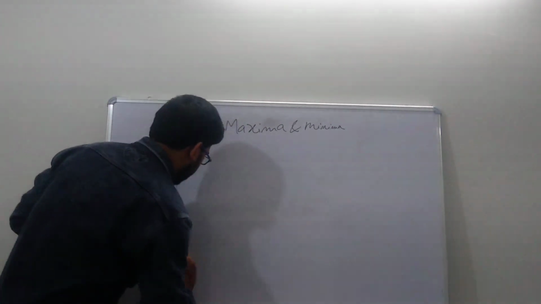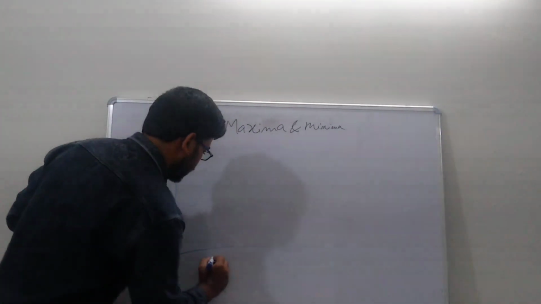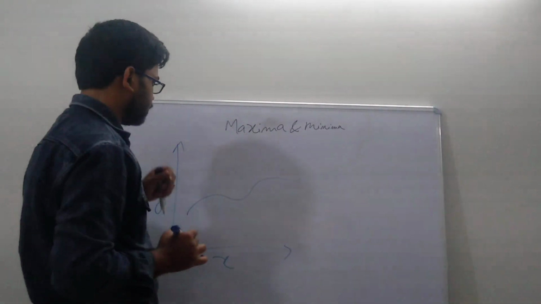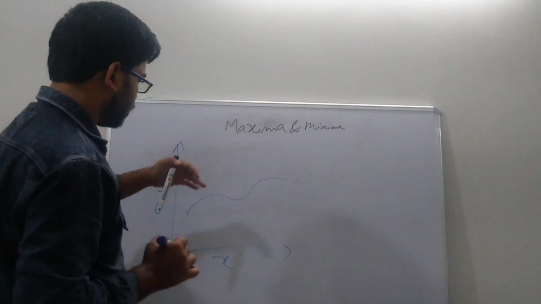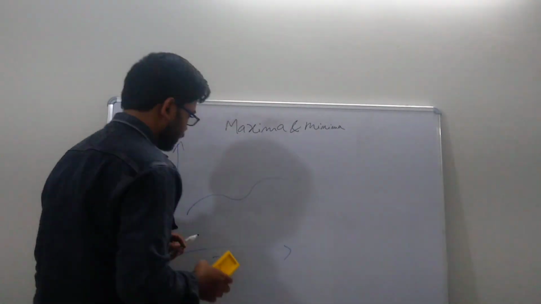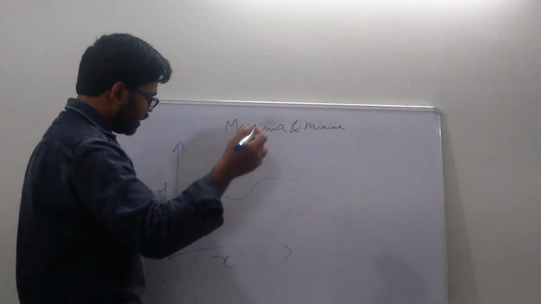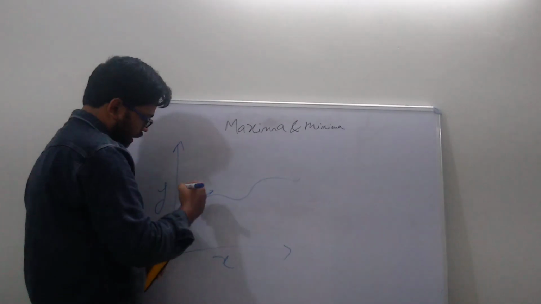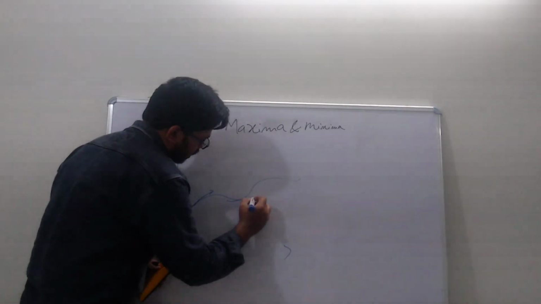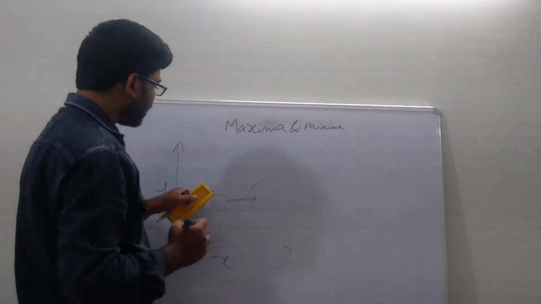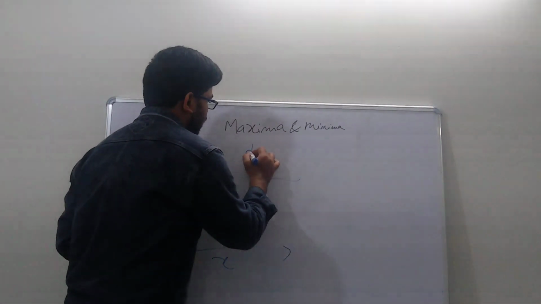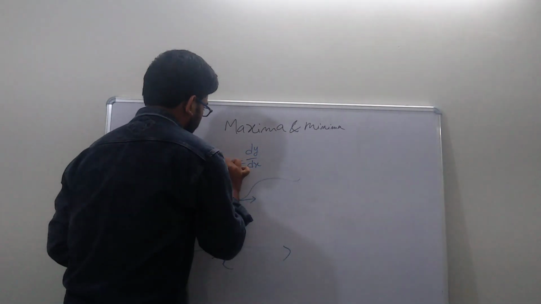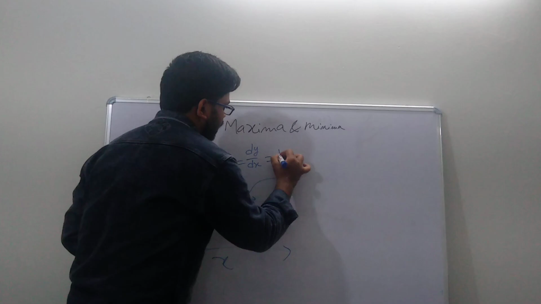So let's assume we have some Cartesian plane with y, and some graph, or a complex graph. If we try to take the derivative, here the derivative is this, here the derivative is this, and what is the derivative? Derivative is just dy by dx. It gives the slope, or we can say tan theta.